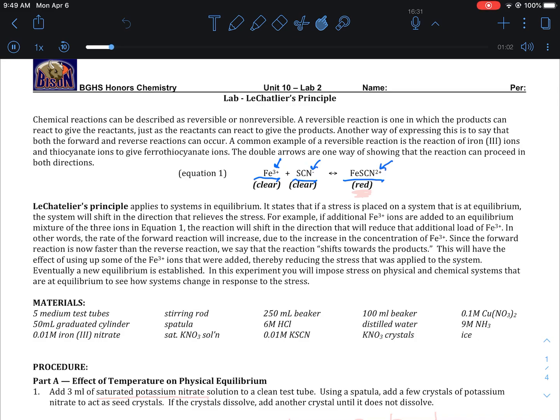The product is red. And so that's how we know the product was formed, because this particular molecule has a red color to it. Now, there are things that we're going to do to change the direction of this equilibrium. So this will come up later again. Let's go ahead and get started with procedure A.